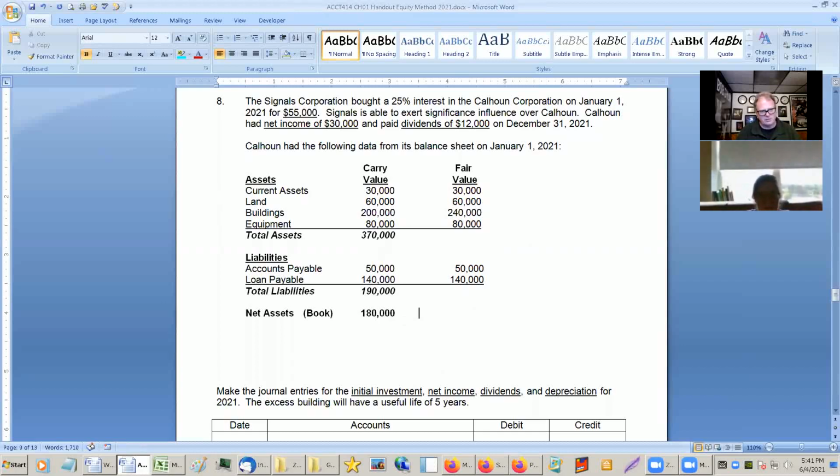Okay, now over here we're going to do the fair value. If we add all these up, it comes to 410, and these, I think, are the same.